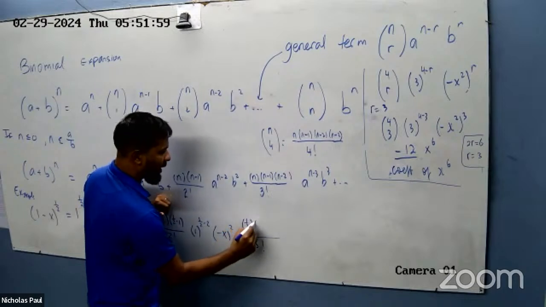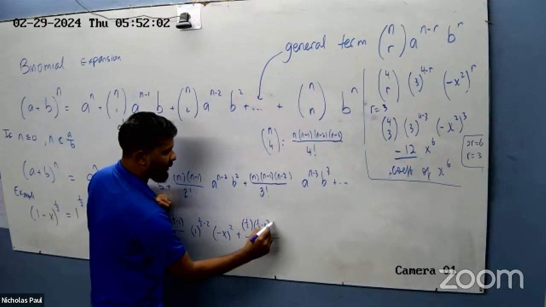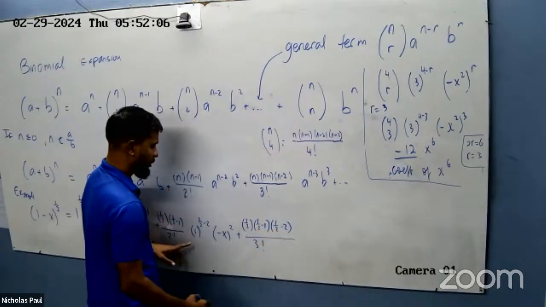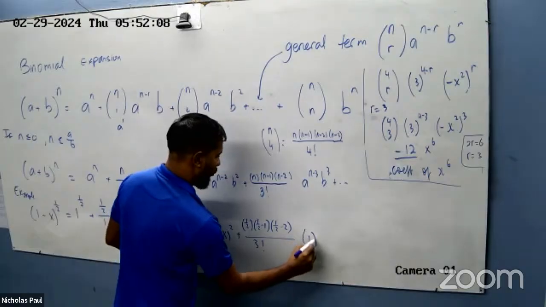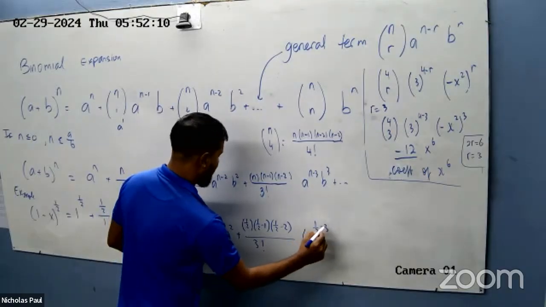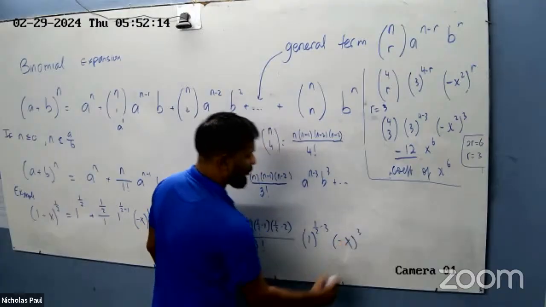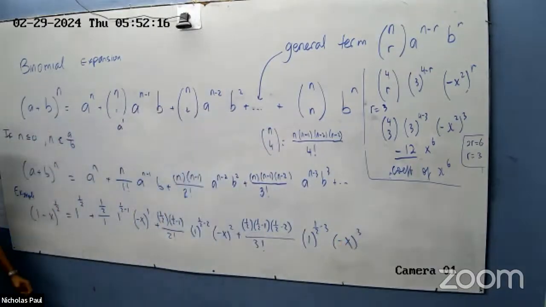That'll be a half by a half minus 1 by a half minus 2, right? By 1 to the half minus 3, minus x cubed. All right? So that's what the first 4 terms will look like.